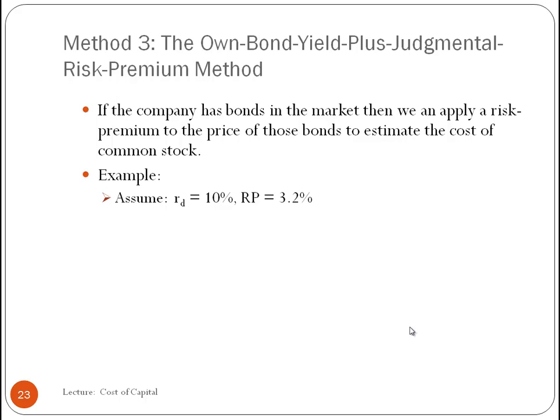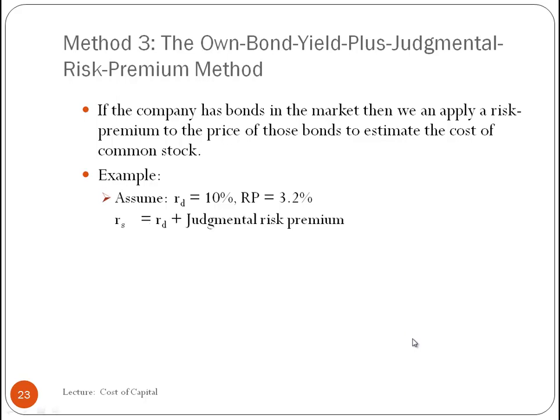Let's assume that the cost of the debt, the cost of our bonds, is 10%, which we calculated earlier. And we believe that a risk premium on the bonds is 3.2%. So in other words, shareholders of common stock need an extra 3.2% above what bondholders need in order to hold the stock.